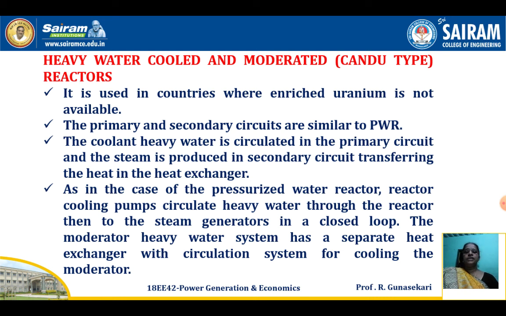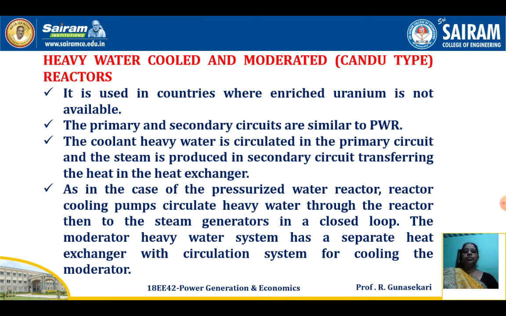The primary and secondary circuits are similar to pressurized water reactors. The coolant heavy water is circulated in the primary circuit and the steam is produced in the secondary circuit, transferring the heat in the heat exchanger. You can recall the diagram. In the diagram, heavy water is the coolant and moderator.